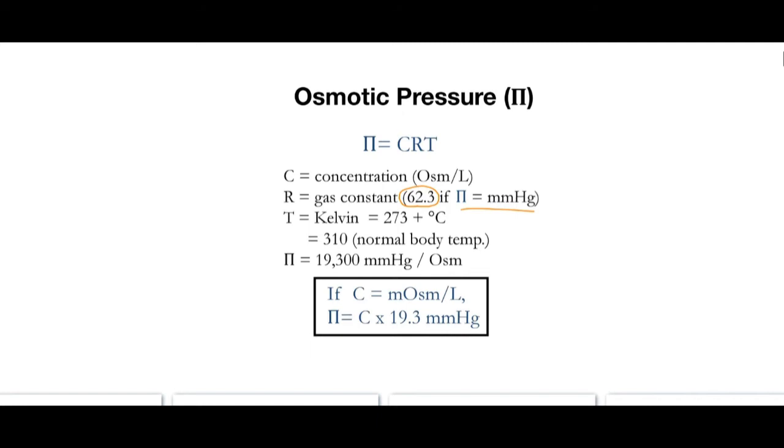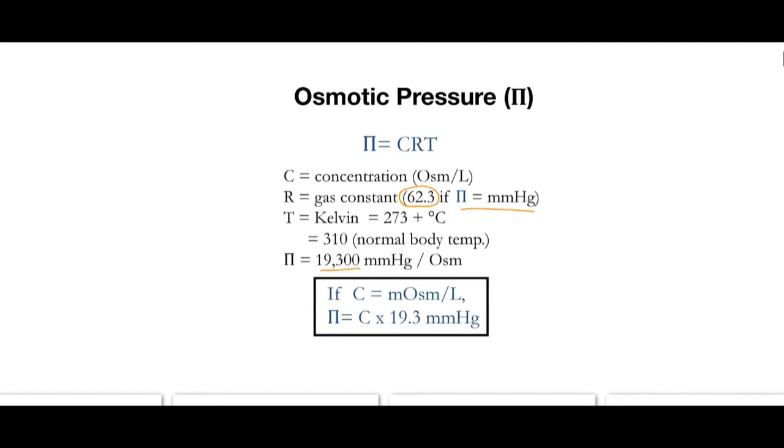So if you were to calculate that, 62.3 times 310 gives you this value down here of 19,300 millimeters of mercury per osmol. Since everything in your body is going to be in milliosmoles, 19.3 would be the value when we're talking about milliosmoles. If you take that value for RT and multiply by whatever the concentration is, you will get your osmotic pressure.